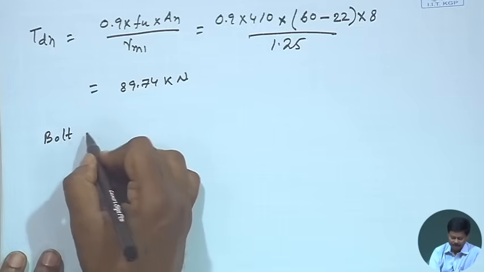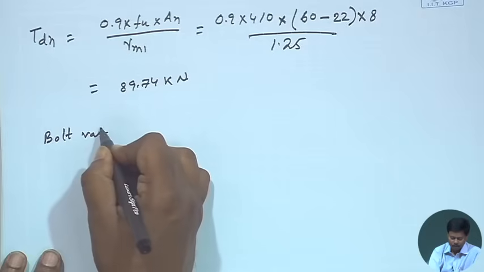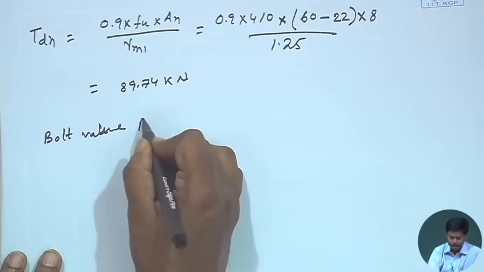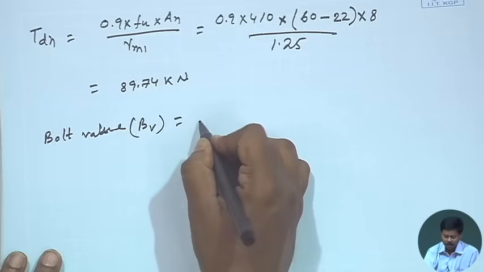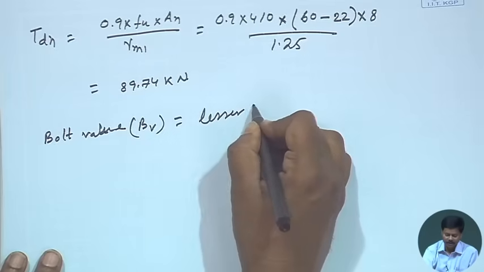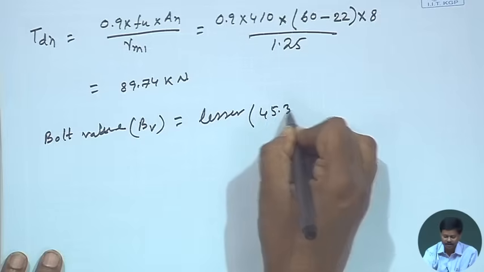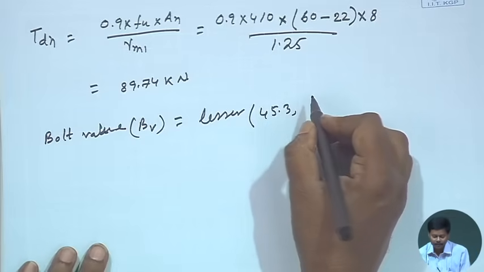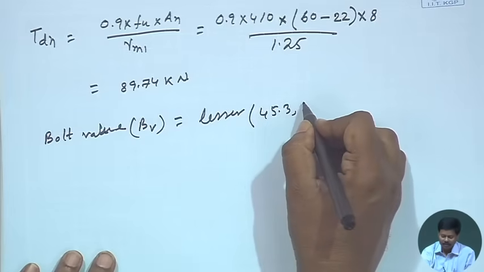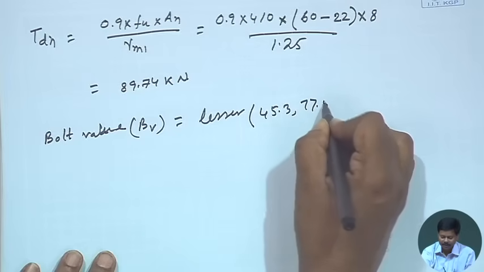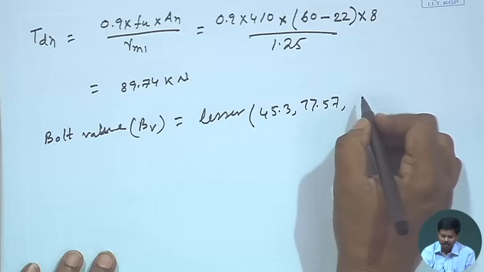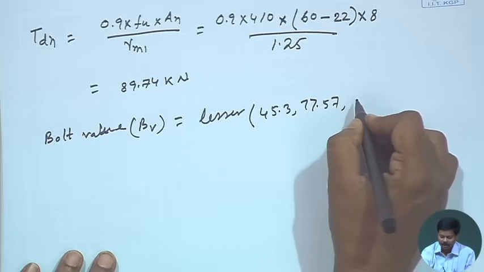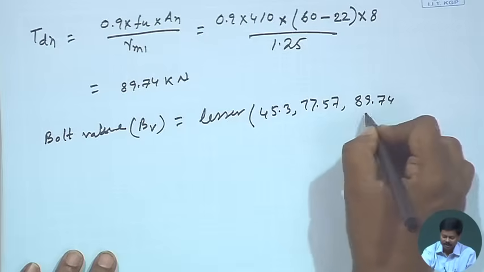So, what we get here, the bolt value will be the lesser of these three. Bolt value, BV, I can find out as the lesser of three values: one is 45.3, this is single shear for member OB, then the bearing strength we got 77.57, and the strength of angle per pitch we got 89.74, that is the tensile strength.